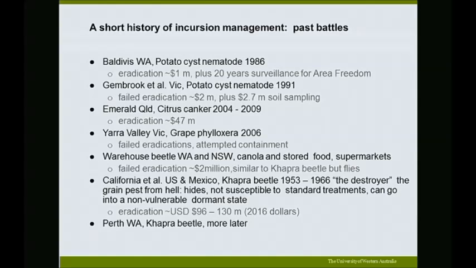You know, once you've got it in the system, really difficult, expensive to get out. Cost about somewhere between 96 million to 130 million US dollars, 2016 dollars. And then there's our incursion, which is the Perth Khapra beetle.